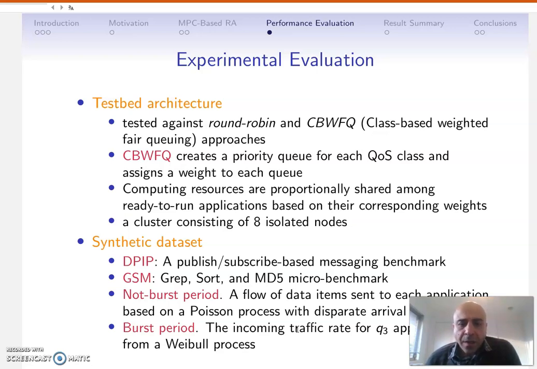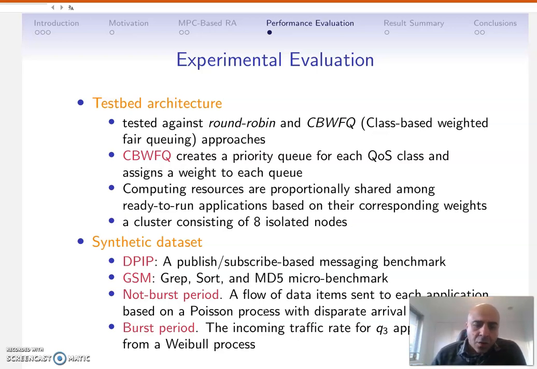We also use some synthetic datasets that are already used by many researchers in this field, called DPIP and GSM, which mimic some important information over streaming data.